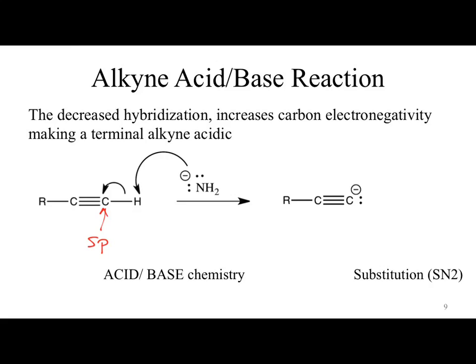They start to get pulled towards the carbon, which means the alkyne can act as an acid. Okay? So given the proper conditions, i.e. we add a strong enough base, I can remove the hydrogen from the alkyne and make what's referred to as the acetylide ion.